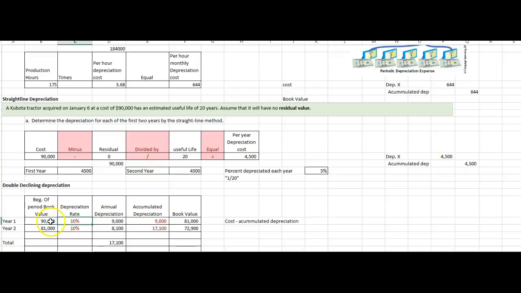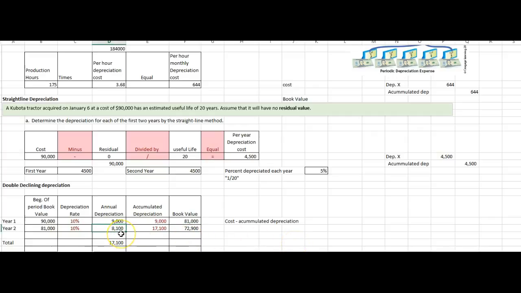So if I multiply 90,000 times 10%, I come up with $9,000 depreciation the first year. So now my accumulated depreciation is at 9,000, right? If I take 90,000 minus the 9,000, I have a book value of $81,000 at this time. Now for next year, I take the book value as my base and multiply that times 10% and come up with $8,100 in depreciation.